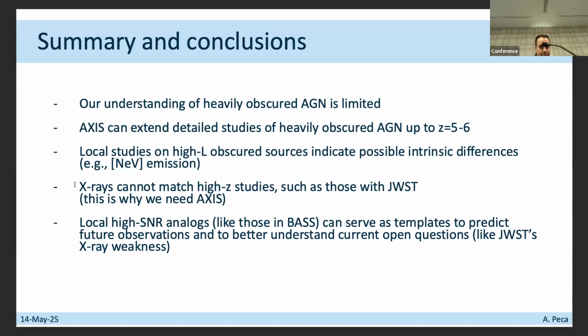I understand. I'd like to add one more piece to the answer. Alessandro has done all the hard work. And there are two other BAT-related papers on [Ne V], the blue line, which Alessandro talked about, and the IR line. For both samples, the rate of detection of [Ne V] in the low redshift universe is 70%. Both papers have looked for correlations about why, and the signal to noise is high.